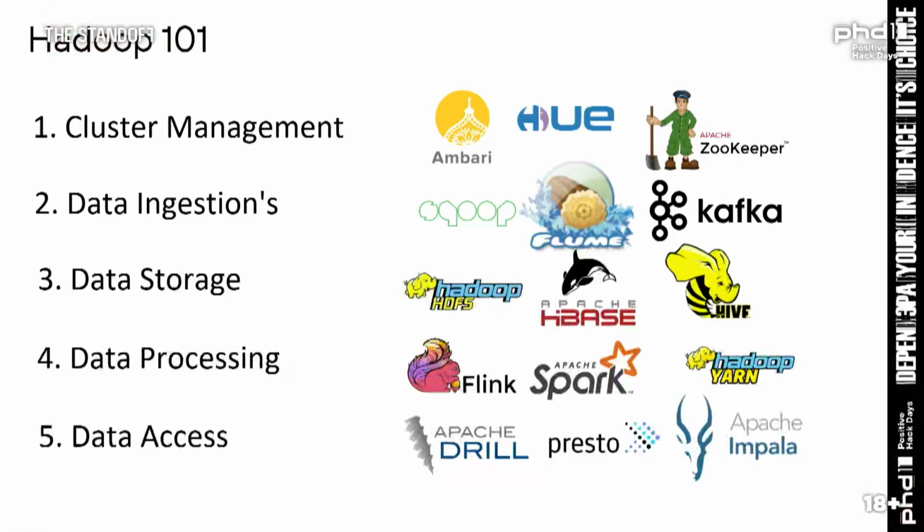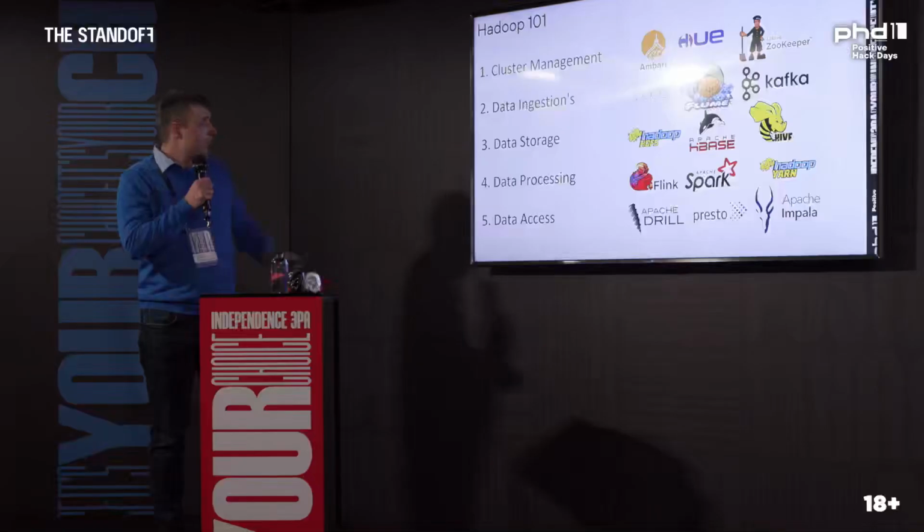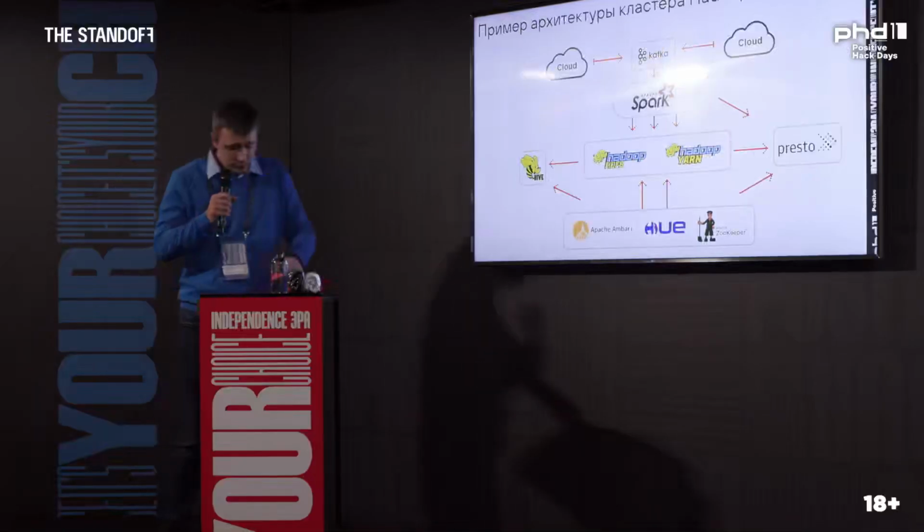Data processing: these are the tools responsible for data processing. Data analysis, and level 5 is data access. That's where we can see some of the tools. There's a big number of them, and we're going to cover them during the course of the presentation today.